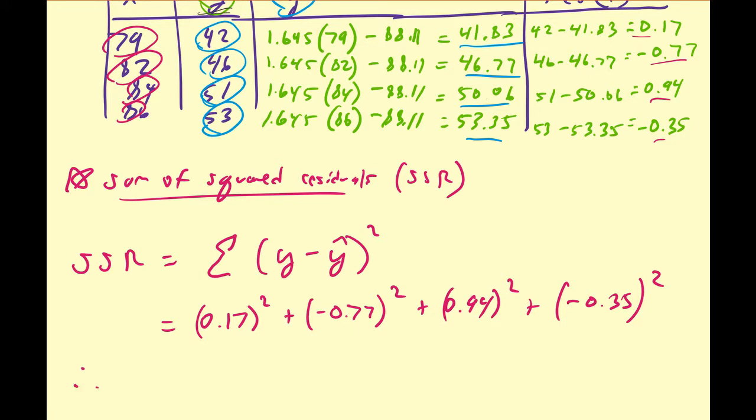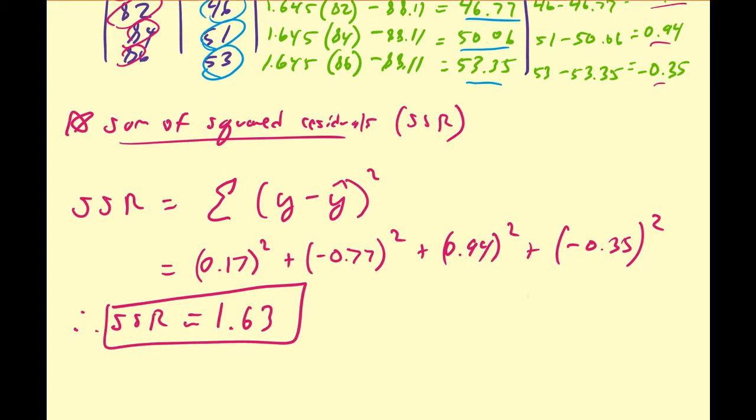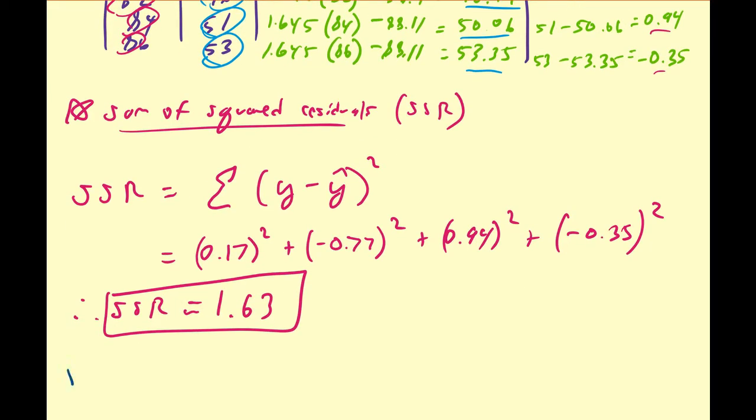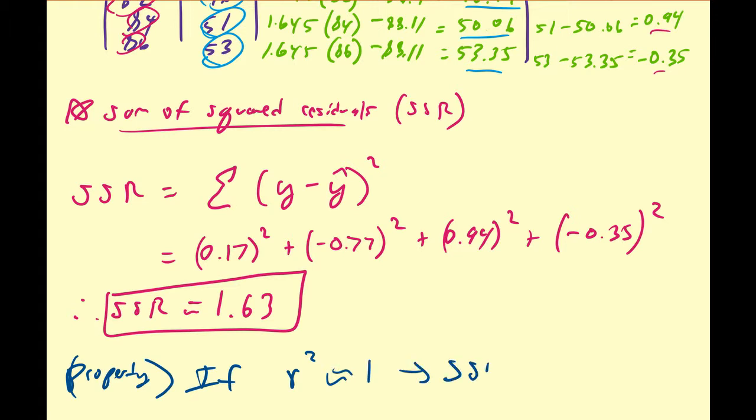That means we get the SSR equal to 1.63. One property of the SSR is that if your r squared value is approximately equal to 1, then your SSR value is approximately equal to 0. Remember, r squared equals 1 implies a perfect linear correlation, which means the distance between our y values and our approximation should be 0 or something extremely close to it.